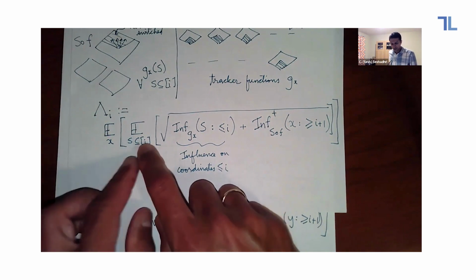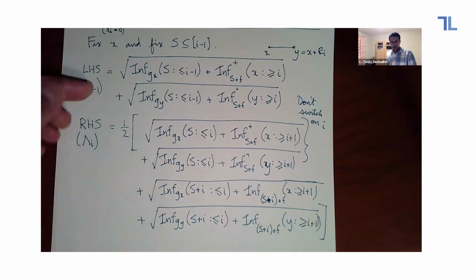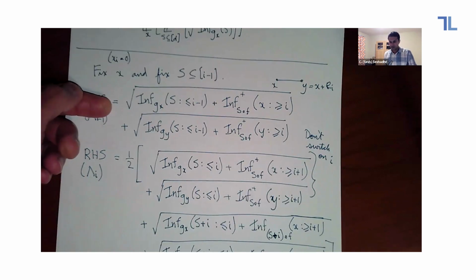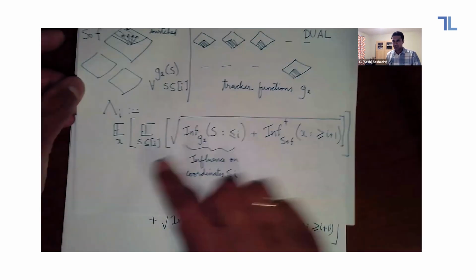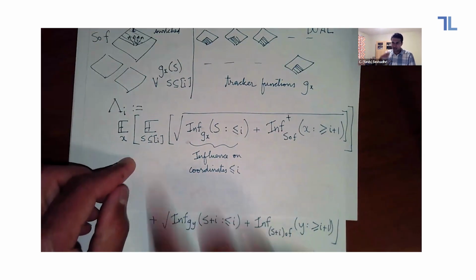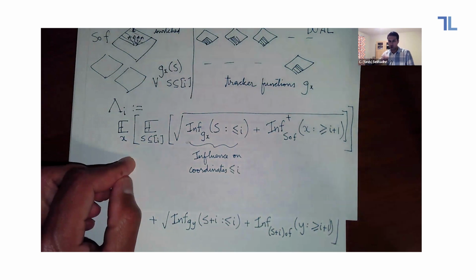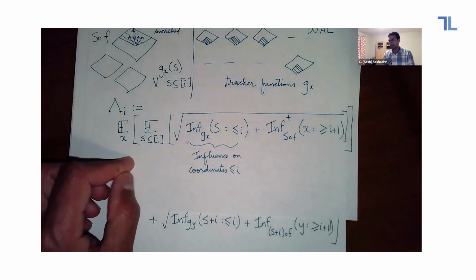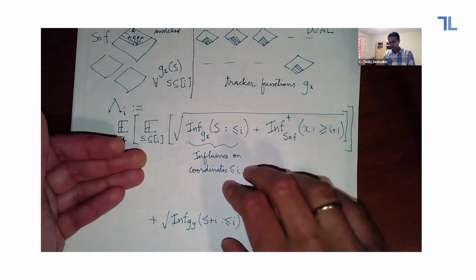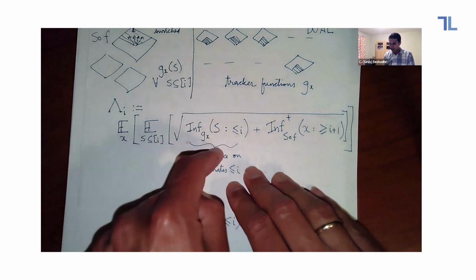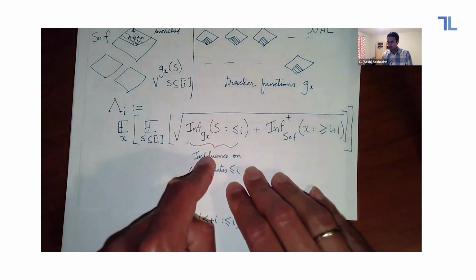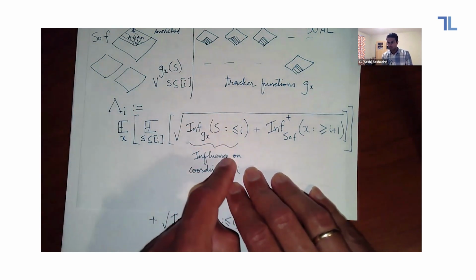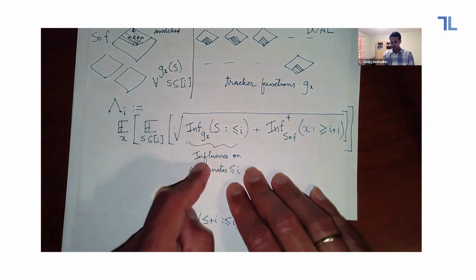Now what I do is I say, well, if I'm going from the i minus 1 to the next step, if I take any subset of i minus 1, I get two sets, right? I can either decide to add the ith coordinate or not. And each of them has probability a half because I'm taking an expectation. So I'm going to get a term for x without switching on the ith coordinate, for y without switching on the ith coordinate.